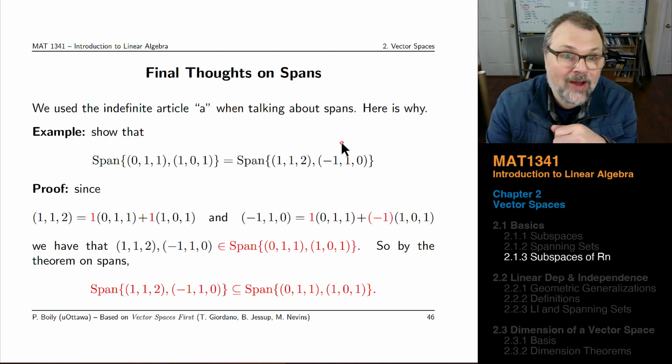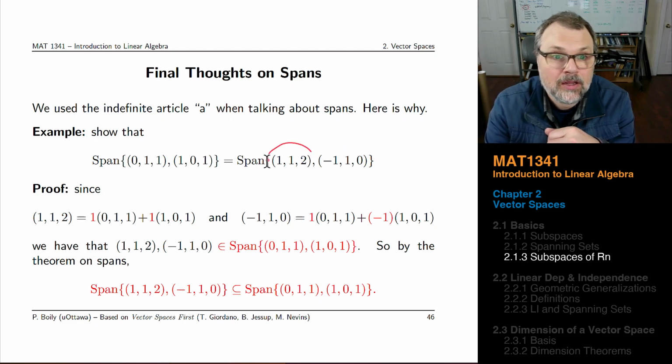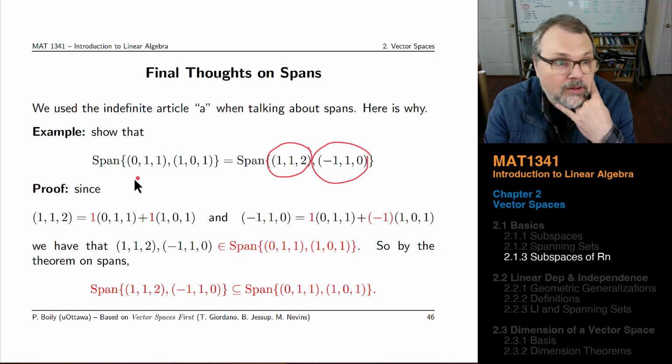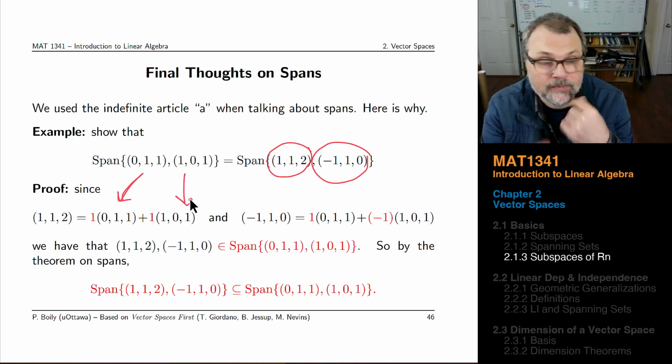Well, I can write every vector in this second spanning set as a linear combination of these two vectors in the first spanning set. For instance, the vector 1, 1, 2 can be written as once 0, 1, 1 plus once 1, 0, 1.